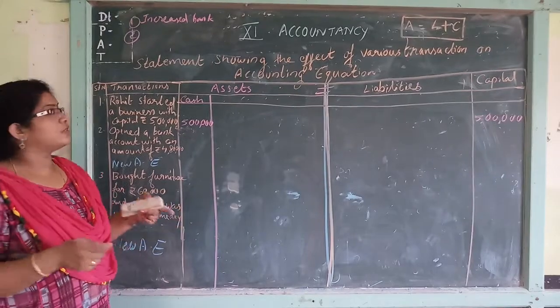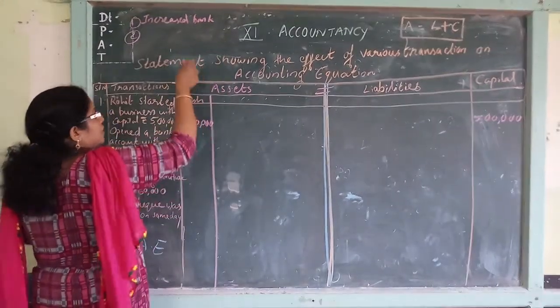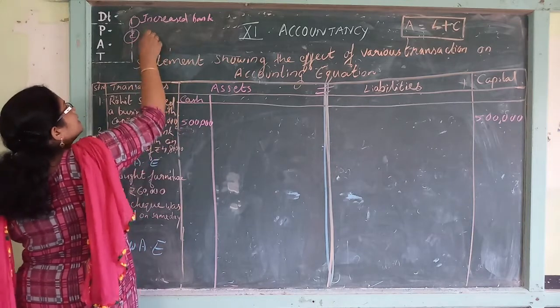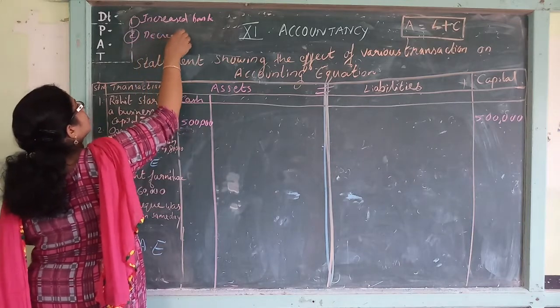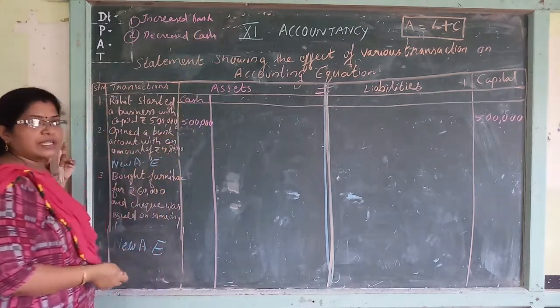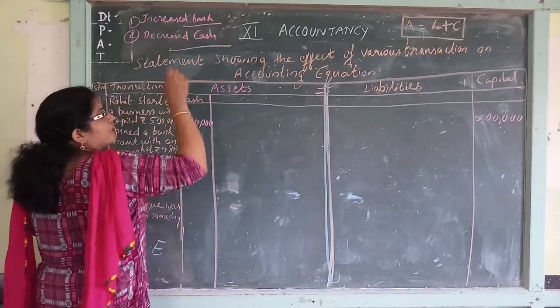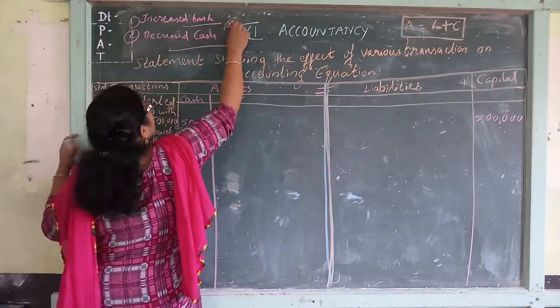Bank is increased by 4,80,000 and the cash balance is decreased by 4,80,000.